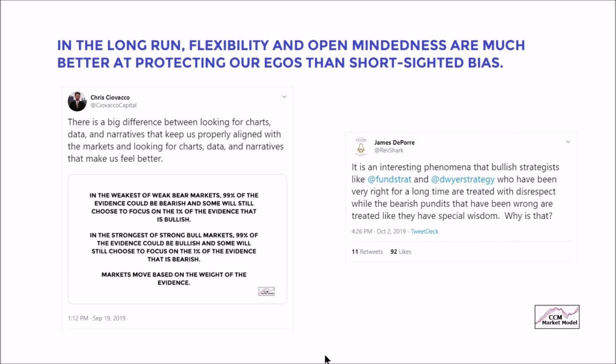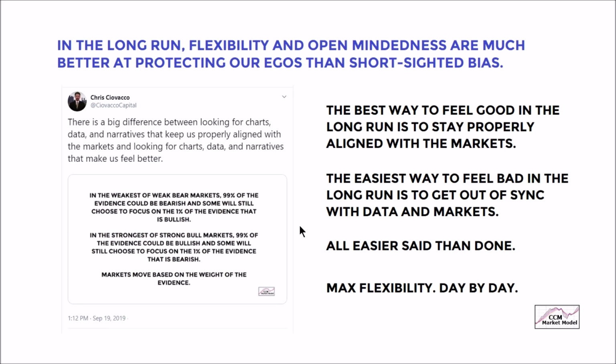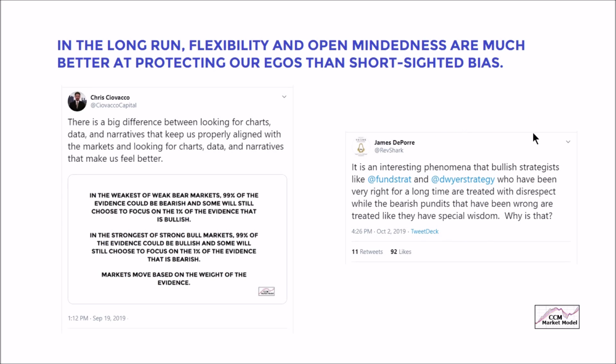Why is that? Because the best way to feel good in the long run is to stay properly aligned with the markets. The easiest way to feel bad in the long run is to get out of sync with the data and the markets. And this concept here is somewhat of a different way of stating this concept here.